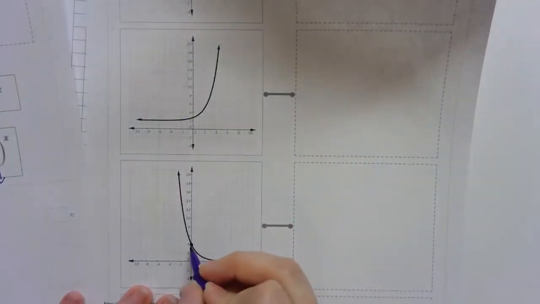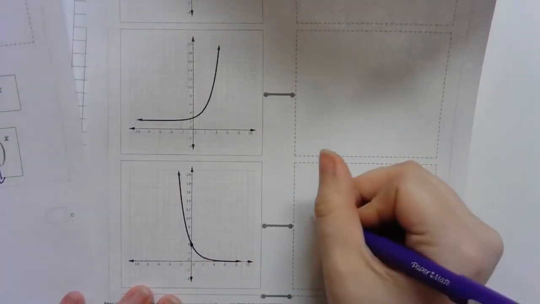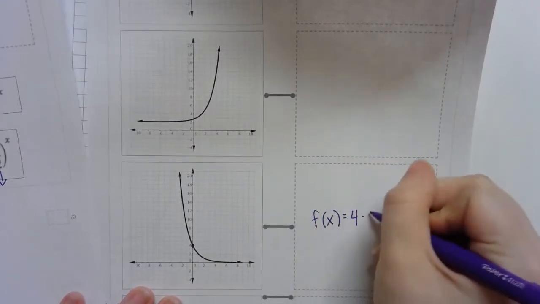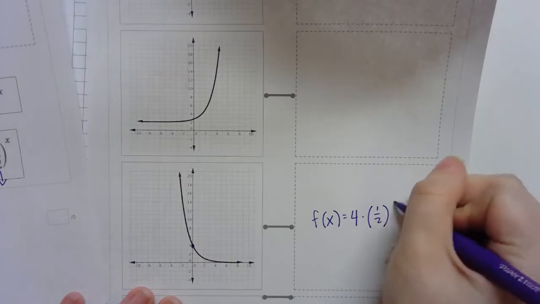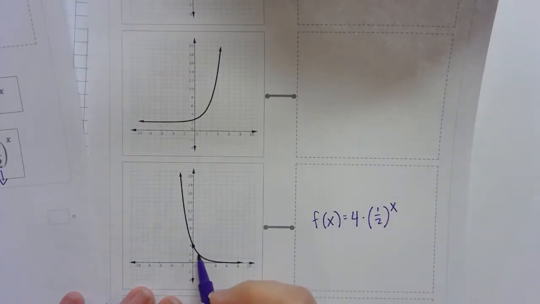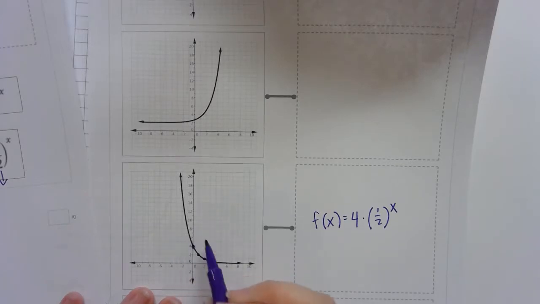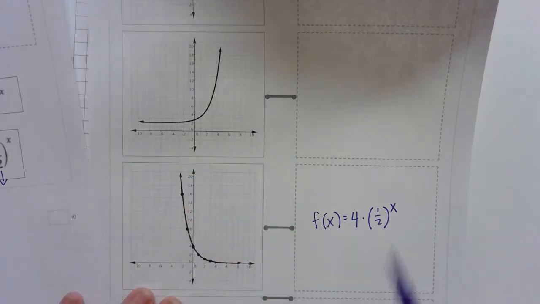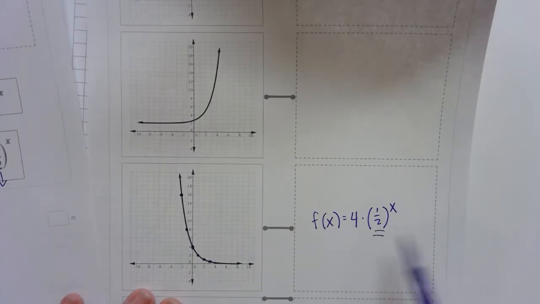As it goes over, it halves, so it's multiplying by 1/2 every time. Okay, so it's at 4, and then it's at 2, and then it's at 1, and then it's at 1/2, 1/4, and so on. And as it goes this way, it's opposite. It's 4, and then 8, and then 16, and then 32, and so on. Okay, so it's the opposite of this.